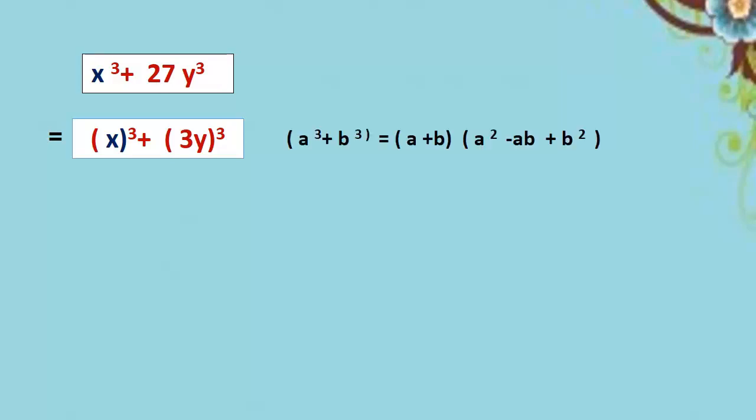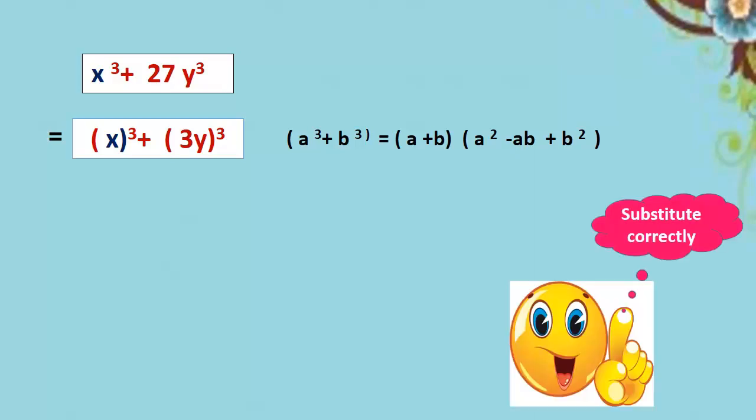Now let's apply this. x cube plus 27y cube. This is a cube plus b cube, right? So x the whole cube. Now cube root of 27 is 3. So we write 3y the whole cube. Write down the formula as we have done previously. Here a will be x and b will be 3y. Just substitute x plus 3y.